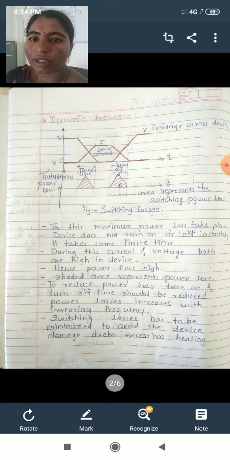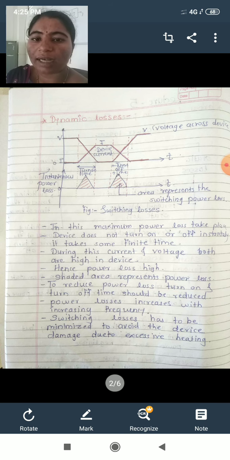Consider ideally voltage is at 0 volt. Now what happens when your SCR is turned on? At that time your voltage is high and current is also high, so the product of voltage and current is very high, which means at the time of turn on of the SCR the losses are very high.